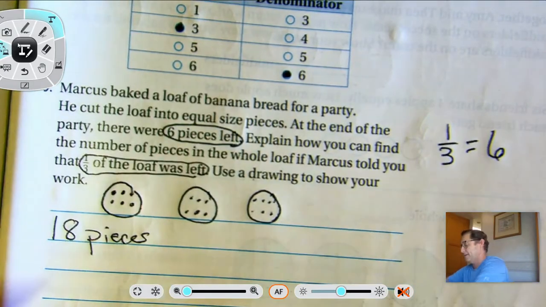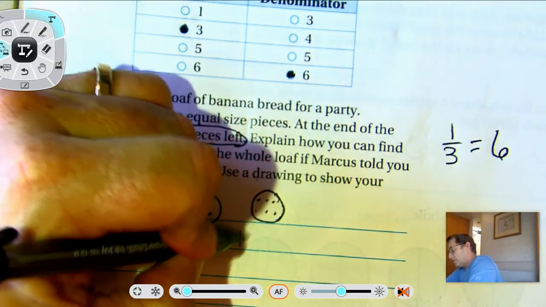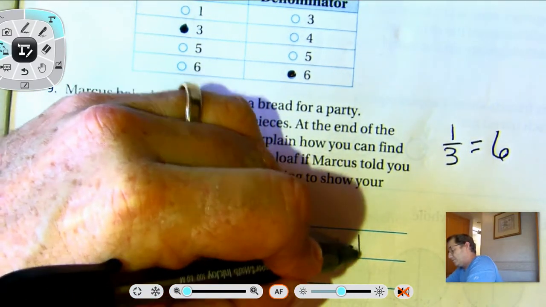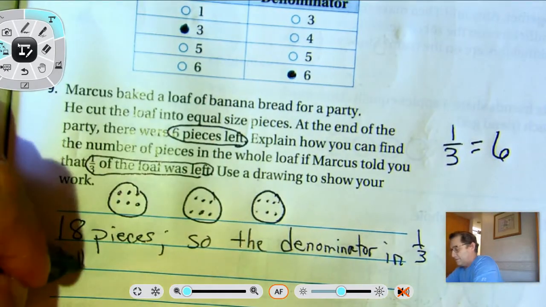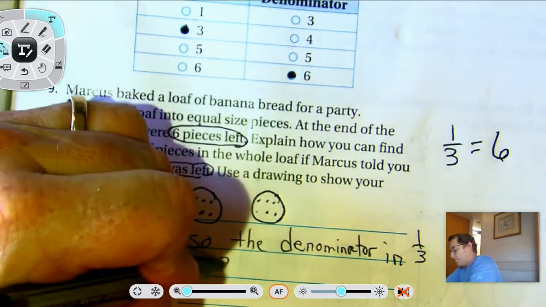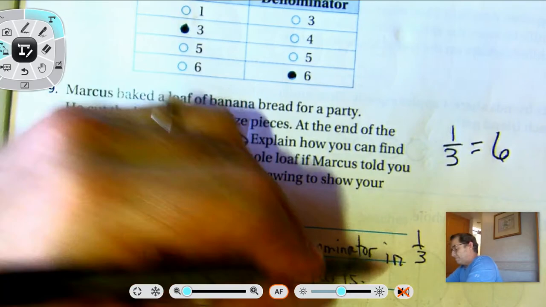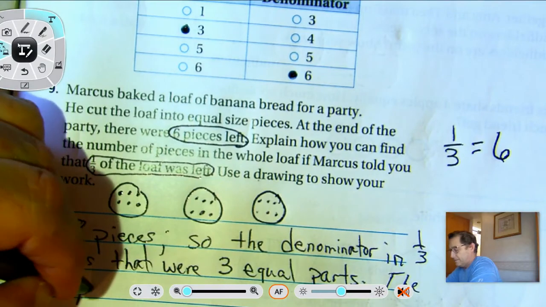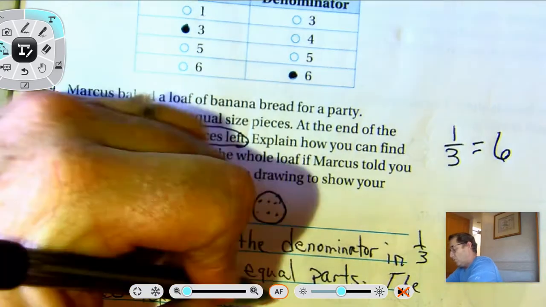So how did we get that? The denominator in 1/3 tells that there were 3 equal parts. The 6 pieces left was 1/3 of the total.